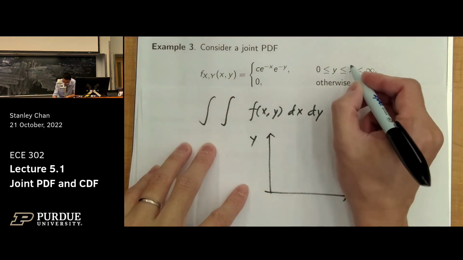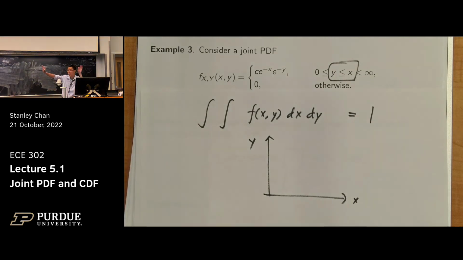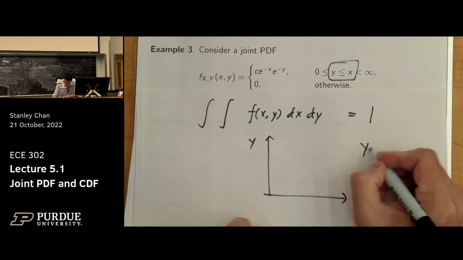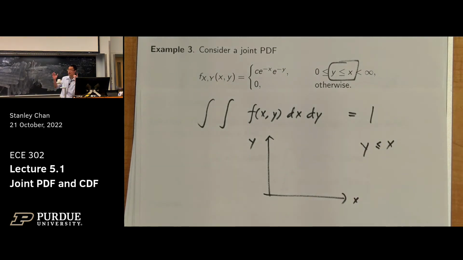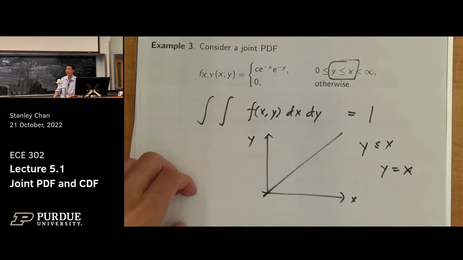First of all, look at this condition here: y less than or equal to x. Ignore the upper and lower bounds, 0 and infinity, just this one. Same principle, ignore the inequality, just make it an equality. Y equals x. Where is this line? That's easy. Slope 1, boom. This is y equals x.